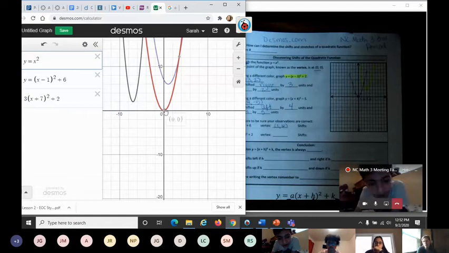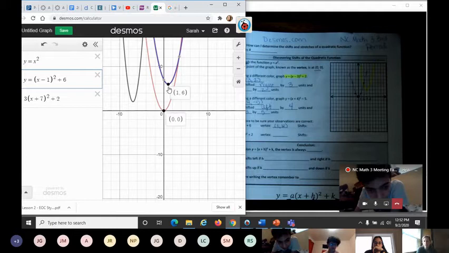So I started at 0, 0, and then I'm going to 1, 6. So how far right do I have to move? Starting here, and I'm trying to get up here. No, I moved 1 unit to the right.